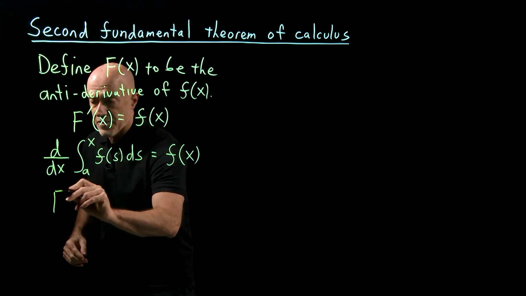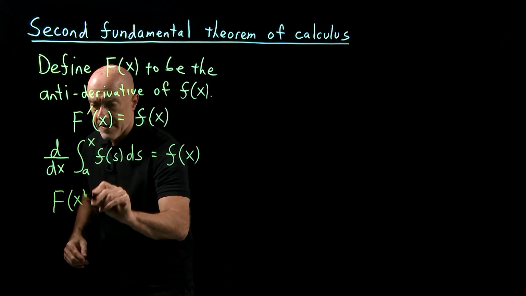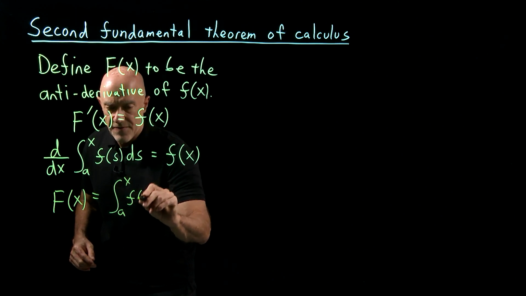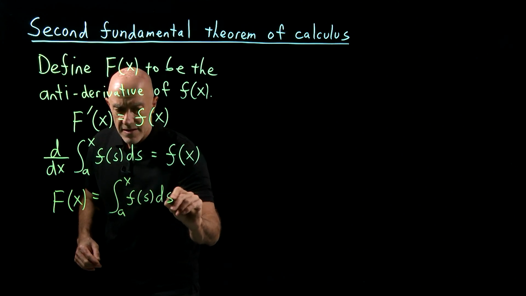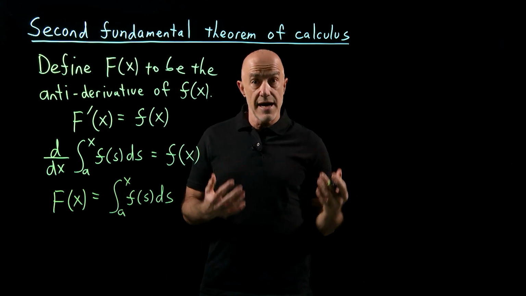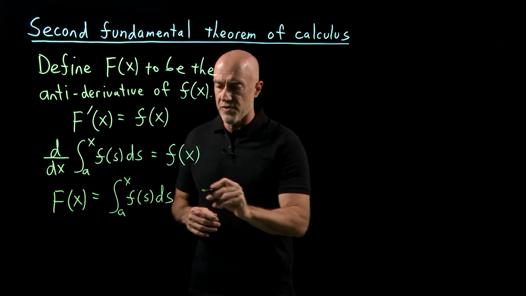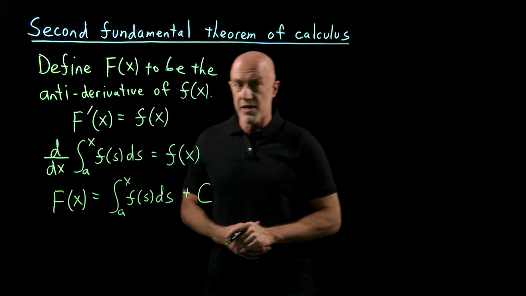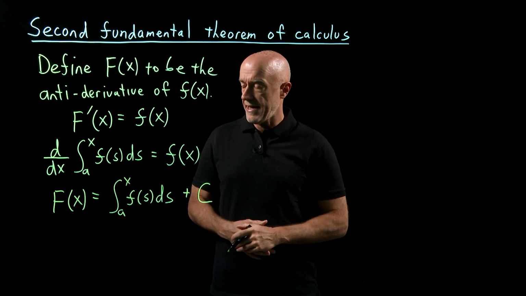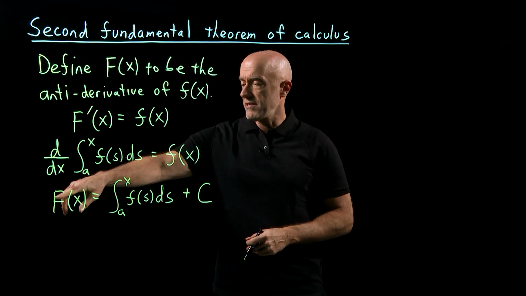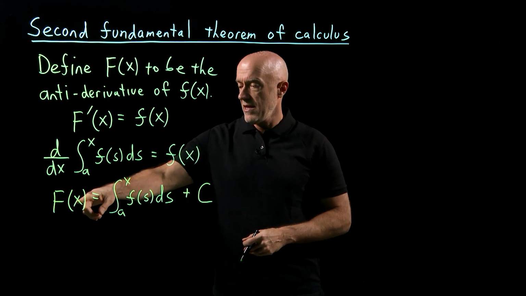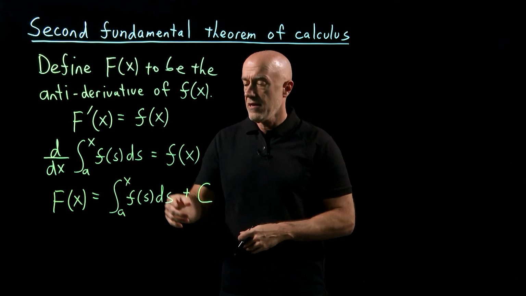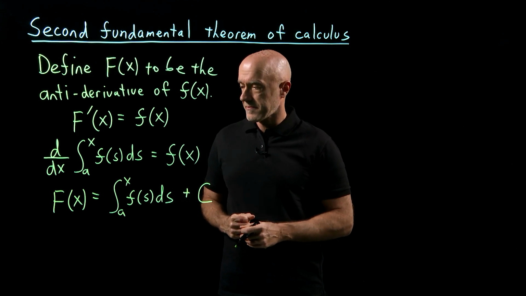So our capital F of x then is this integral from a to x of f of s ds. But as I said, you can add a constant and still have an antiderivative. So to this, we have to add an arbitrary constant. So this gives us the antiderivative is the integral of f of s ds plus a constant.